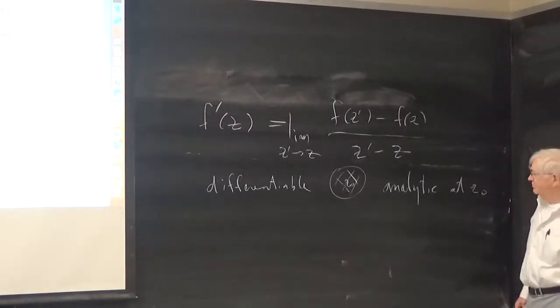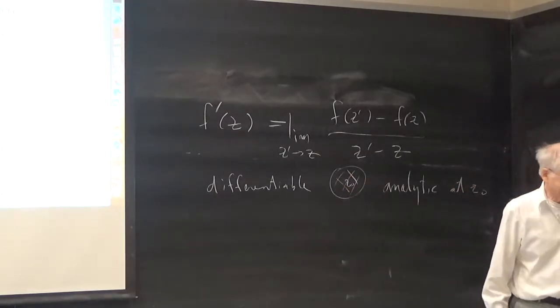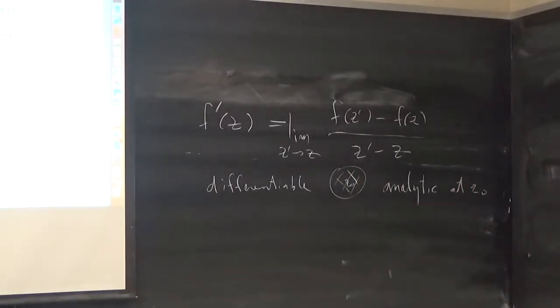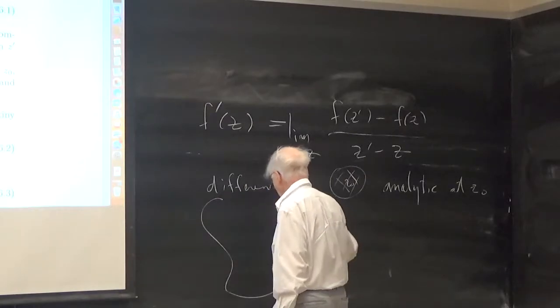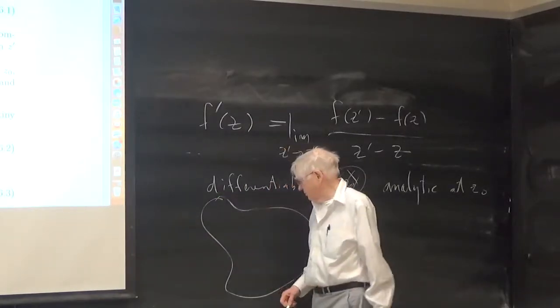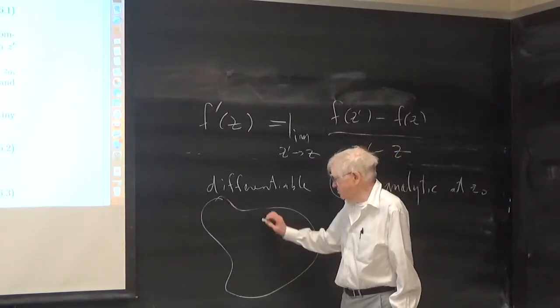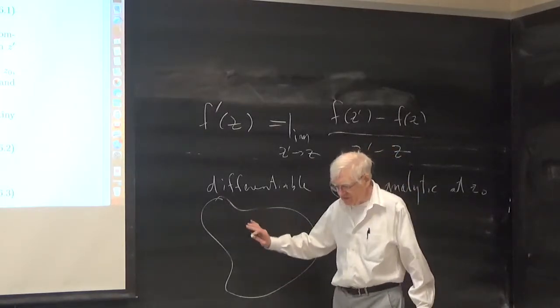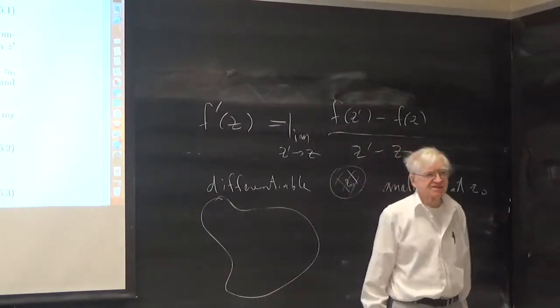And if it's differentiable at all points inside the disk, then we say it's not only analytic at z0, but it's analytic in the disk. And the theorems that apply are in general true for functions that are analytic in a region that doesn't have any holes in it. Such a region, we say, is simply connected.